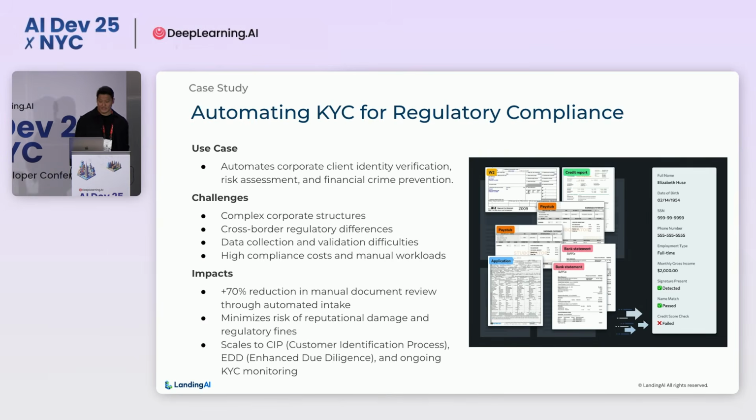And the result was more than a 70% reduction in manual document review, which was a significant value add to the company, while also reducing operational risk and exposure to regulatory fines, which, as many of you know, could be significant in this space. And based on the initial success of the rollout, the bank is now expanding across adjacent areas like customer identification programs.